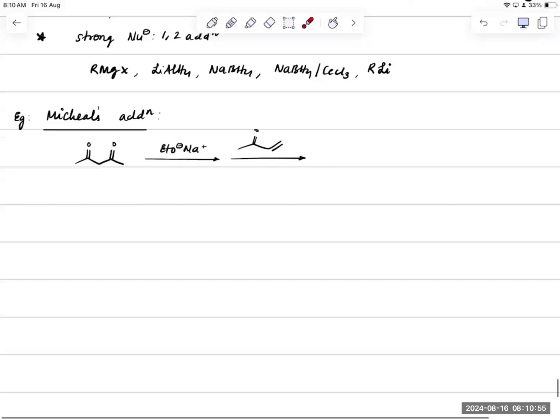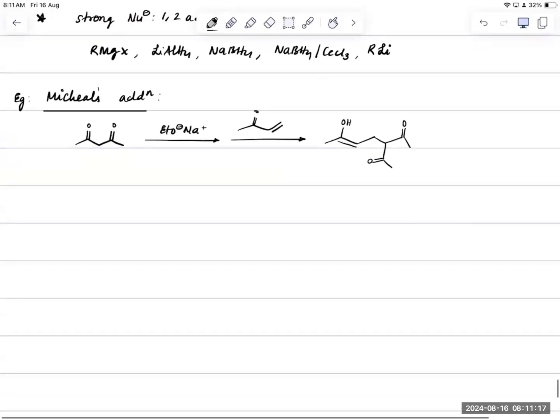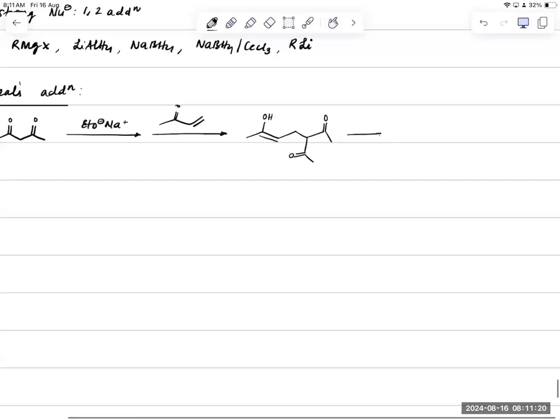So first, you know that minus charge will come here. That minus charge will always attack on the fourth position. So if it attacks on the fourth position, what do I get? This double bond will move, OH will come, and on this position, carbon has attached, and this carbon has double bond O, and a methyl group here. So this is the one which is formed, and this will undergo tautomerism. As it gets tautomerized, we will get this as ketone.